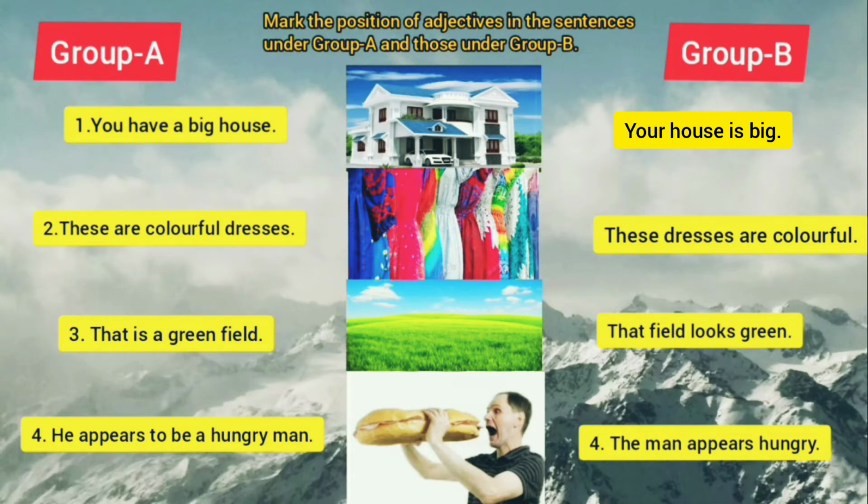Look at these sentences. There are 4 common adjectives used in Group A sentences and in Group B sentences. But the position of the adjectives is different in Group A and in Group B. In Group A, the adjectives are used before nouns, but in Group B, the adjectives are used in the predicate phrase.